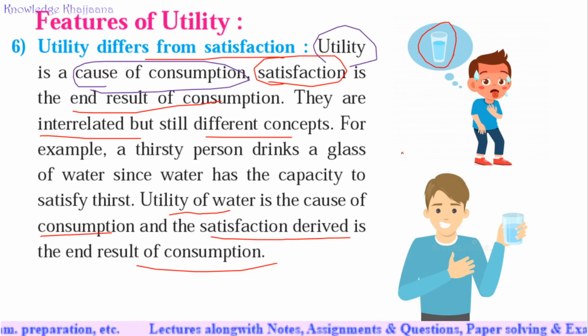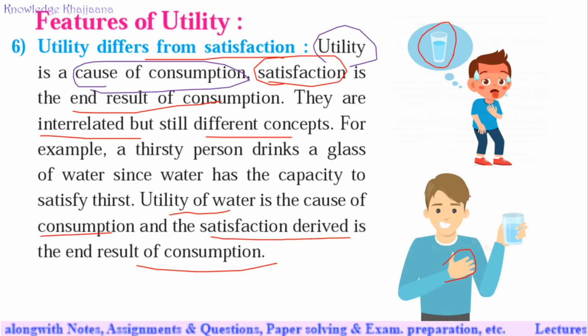Utility can be achieved from any commodity by pre and post consumption of it, but satisfaction is achieved only on post consumption, right? See, the person is shown satisfied, he is happy. So satisfaction is achieved only on consumption of it.